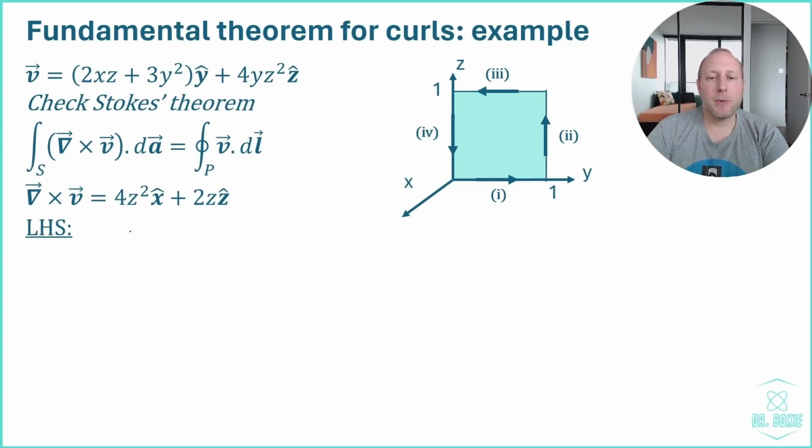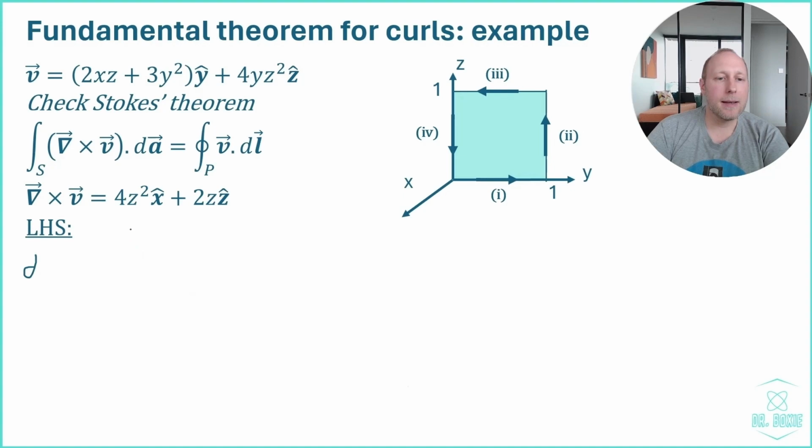Well, dA, because we take the line, which we will do on the next slide, for the line integral, we take it in counterclockwise direction. We close the fingers of our right hand in counterclockwise direction, and we see that our thumb points towards us, in other words, in the positive x direction.